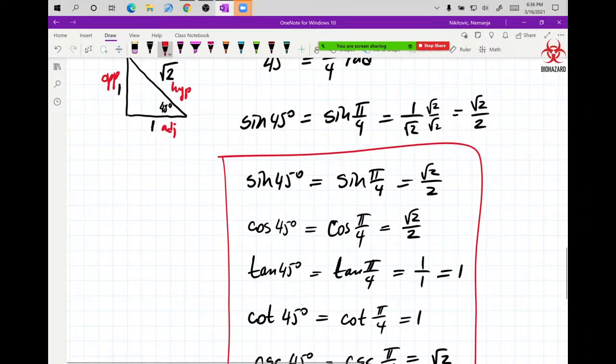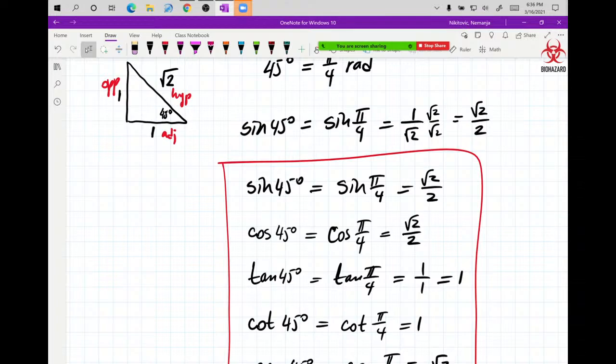This triangle is only for 45 degrees, because as you can see, this is a 45 degrees triangle, and if this is 90, then the other angle has to also be 45, because the sum of all angles on a triangle on a flat surface has to be 180 degrees, with the emphasis on the flat surface.